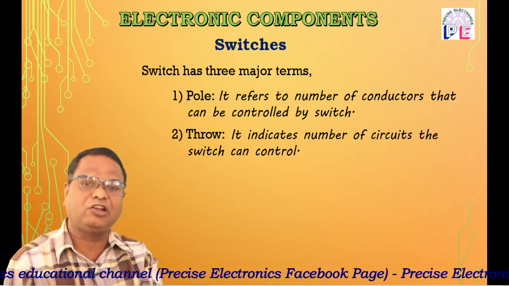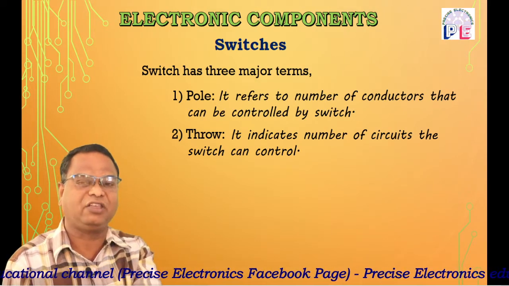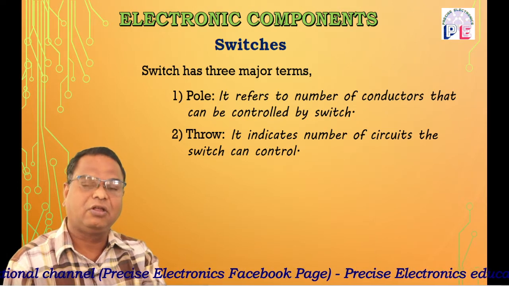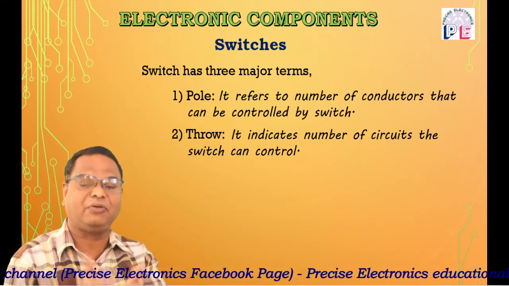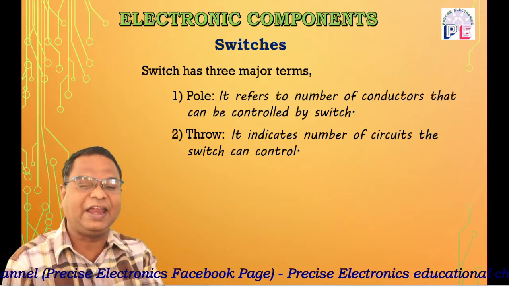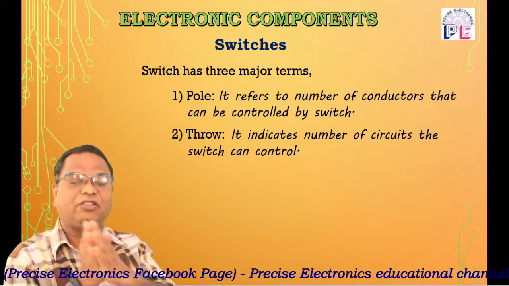So a single throw operates only a single appliance, but if there are many throws, it can operate many devices. The throw indicates the number of circuits that can be controlled by the switch.